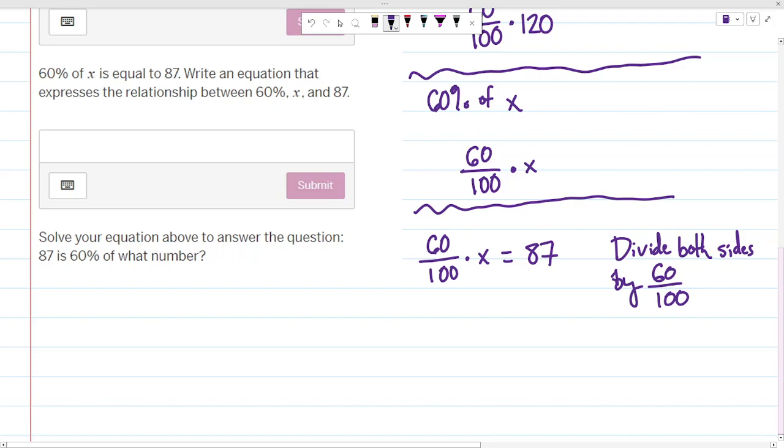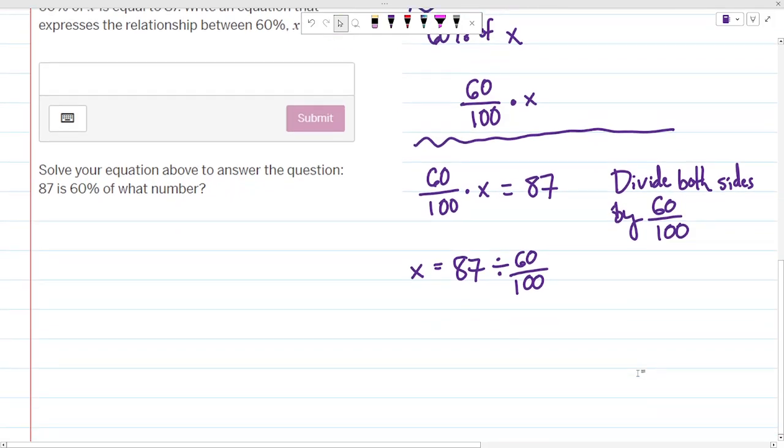So when we do that, we get that x is equal to 87 divided by 60 over 100. Now let's keep calculating this out, so make sure you're writing this down with me.